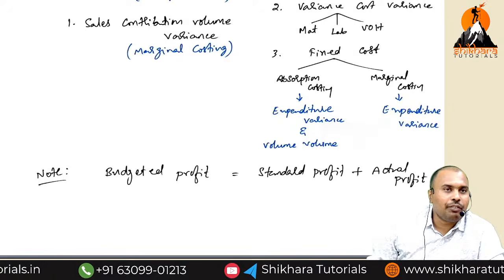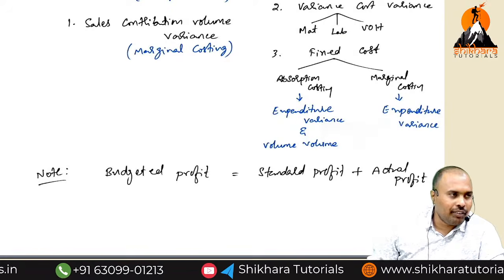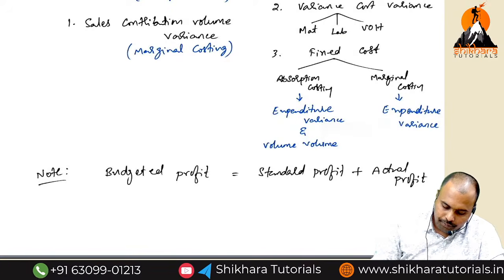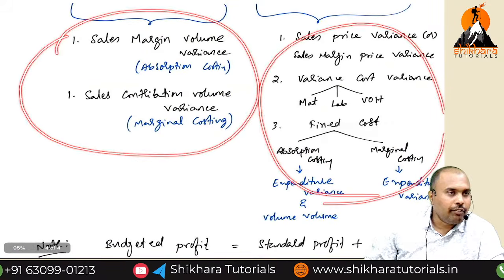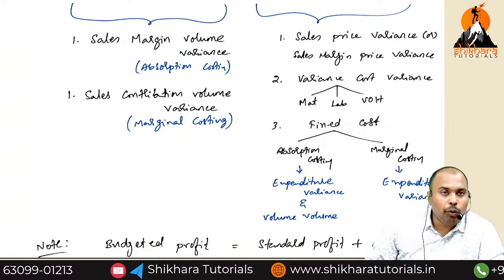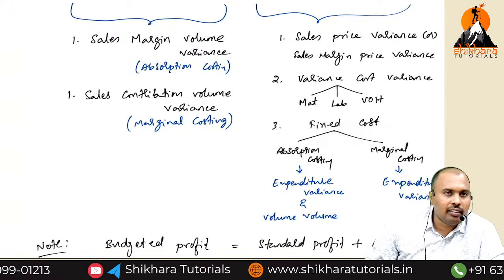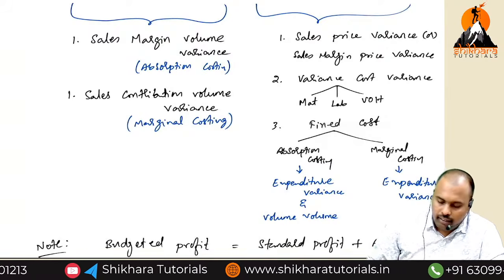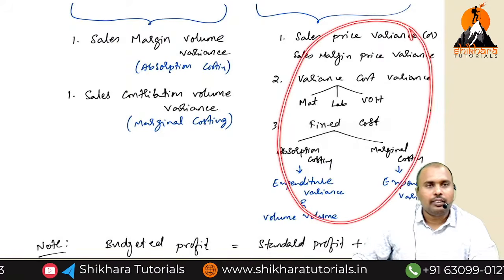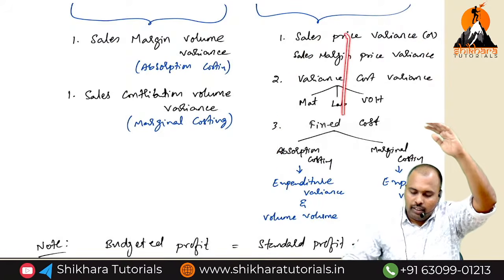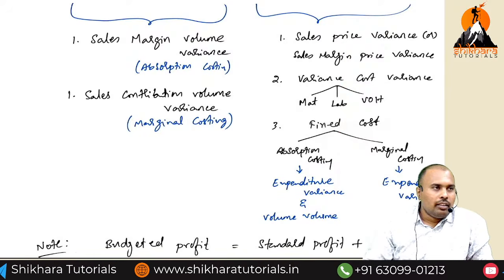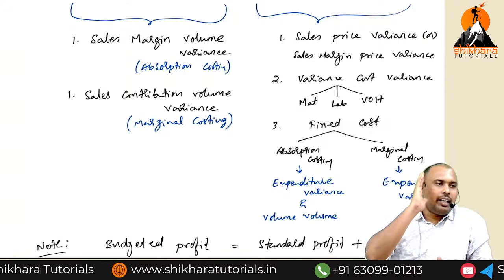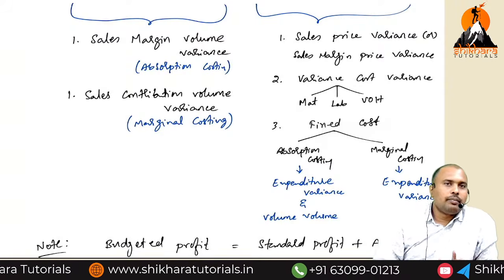So if they ask you the difference between budgeted profit and actual profit, adjust both this and this. If they're asking you to draw only between standard profit and actual profit, then adjust only these things. Start with standard profit, adjust all these things, definitely we are going to get budgeted profit. Clear? Understood, right? Now finally let us conclude that one.